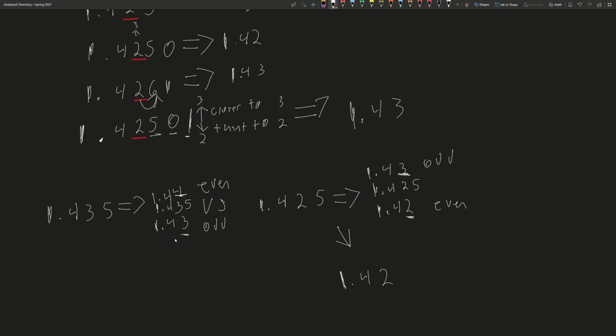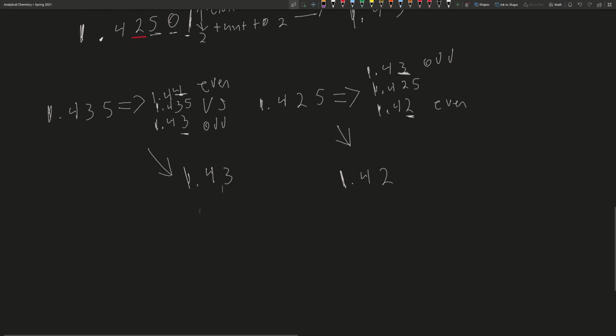In this example right here, we see that our 3 is odd and our 2 is even, so this will actually round to 1.43. In the case that we are exactly halfway between the 3 and the 4.